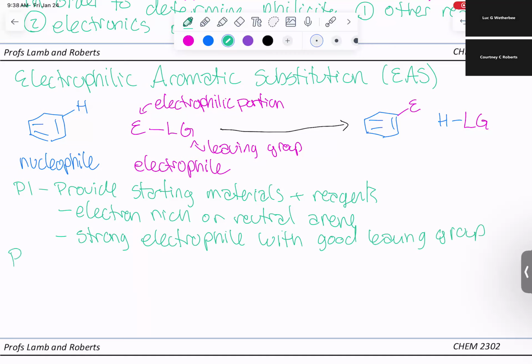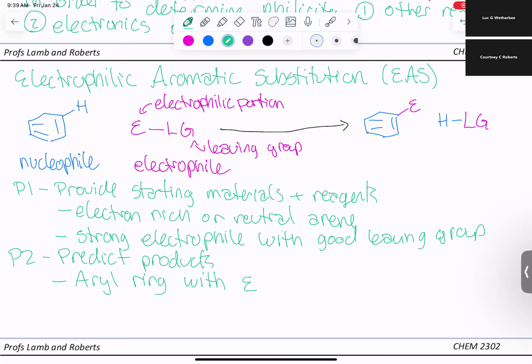P2 in this scenario is predict the products. On an exam, if we said P2, what you would draw is going to be our arene ring with electrophile substituted for H.